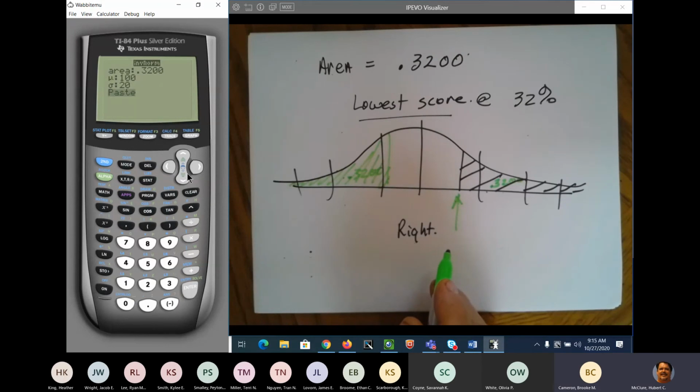Yes. What about center? Center would be between. You won't see one with center too much, not on my test, I don't think.